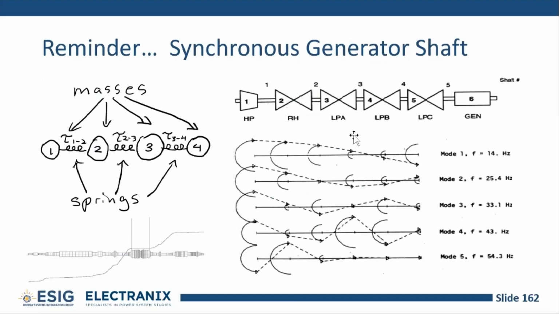And if you land on a torsional mode, that system will start to oscillate and will grow into a larger oscillation, and you can have torques that build up beyond the endurance limits of that shaft system. So you can eventually, in theory, break a shaft if you continue to do that long enough.